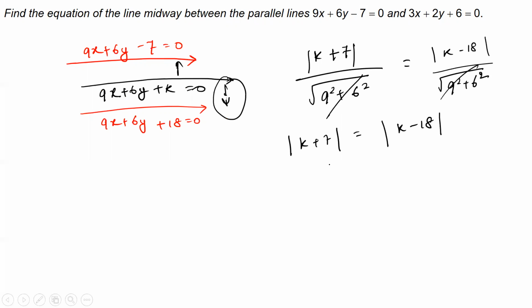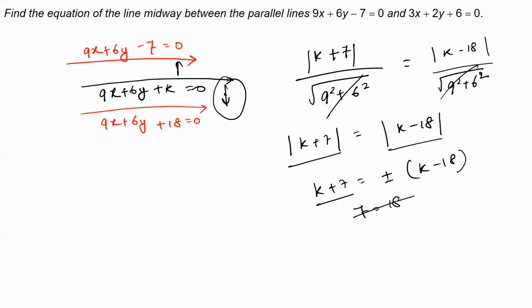Okay, so this is the last question. Let's quickly wind it up. So we have mod of k plus 7 is equal to mod of k minus 18. So we can replace both of these mods by plus or minus k minus 18. We cannot have k plus 7 equal to plus k minus 18, because in that case we would have 7 equal to 18, which is very odd.